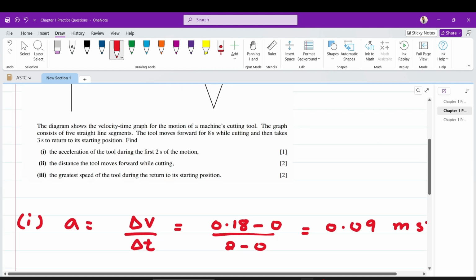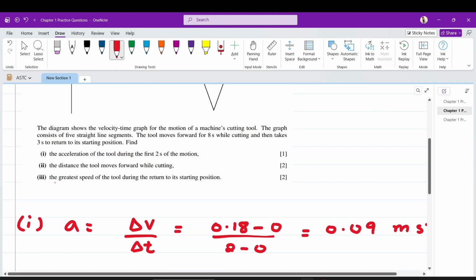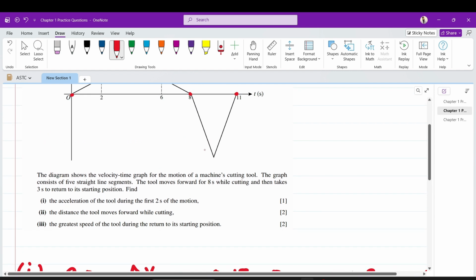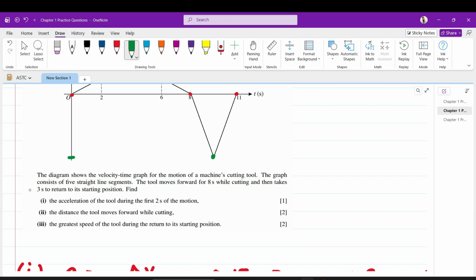So the third part of the question is the greatest speed. Find the greatest speed of the tool during the return to its starting position. Okay. The greatest speed is going to be over here. All right. Let me use a different color. So this is the velocity that we are interested in. Okay.